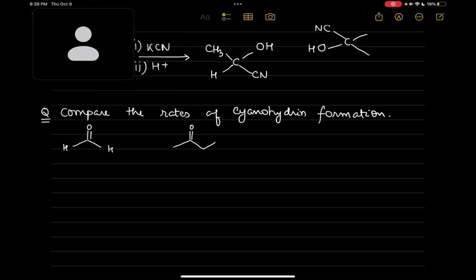The first one is methanal, the second one is 2-butanone, and the next one is 3-pentanone.